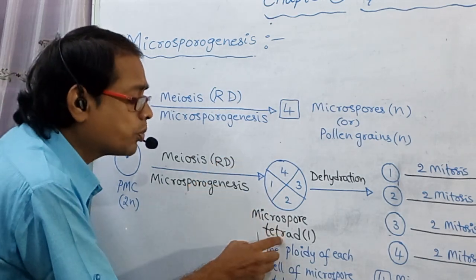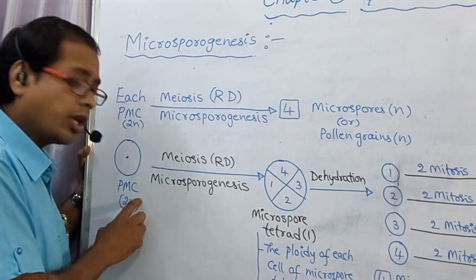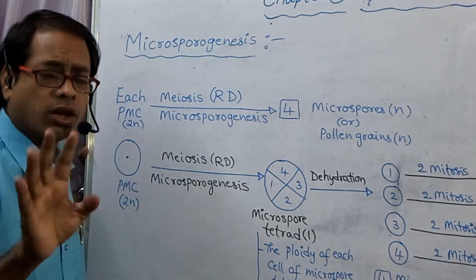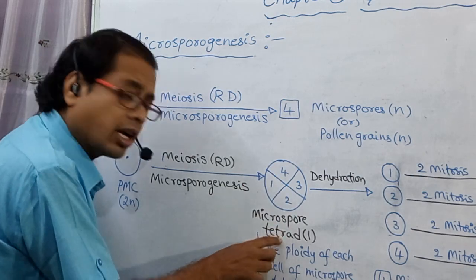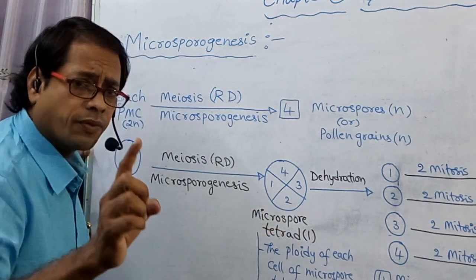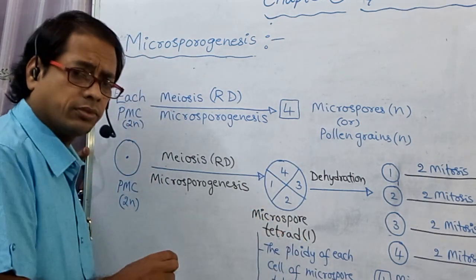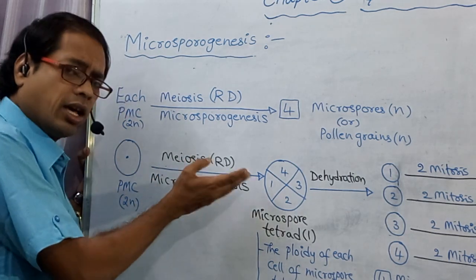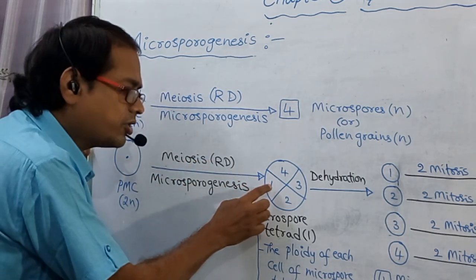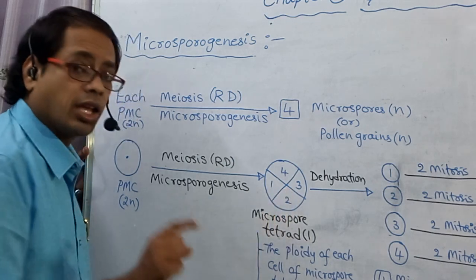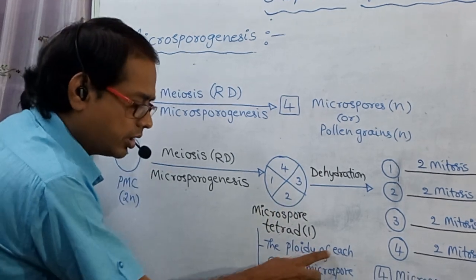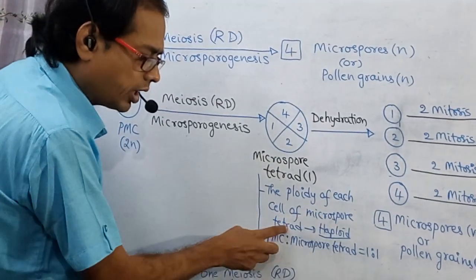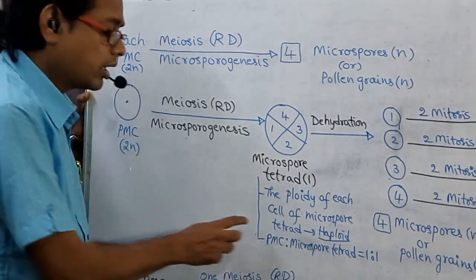Number of microspore tetrads formed from each PMC? 1. Don't say 4. Tetrad means all the 4 cells together are called tetrad. Number of tetrads formed? 1. As meiosis occurs, each cell of microspore tetrad is haploid.